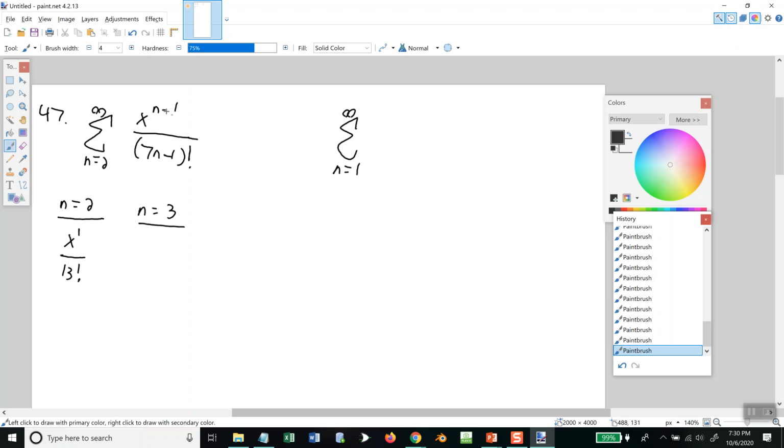If I plug in 3, 3 minus 1 is 2, so I got x squared over 7 times 3 is 21, minus 1 is 20, factorial. And I don't need it, but if I plug in 4, 4 minus 1 is 3, so I got x to the third, 7 times 4 is 28, minus 1 is 27, factorial.